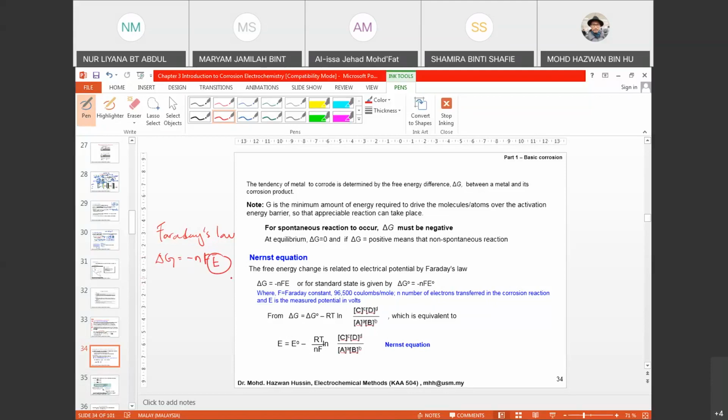And this cell potential is obtained from the Nernst representation, where E cell is equal to E cell naught, the standard cell potential, minus RT over nF ln product over reactant. So this is the same thing. If you substitute to this part, you will have another form of equation.